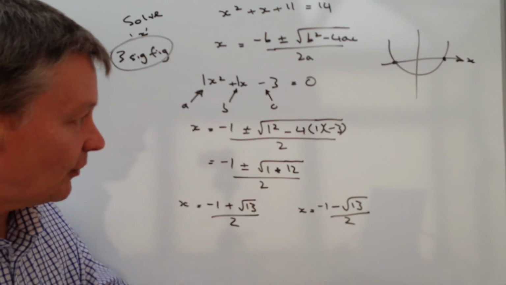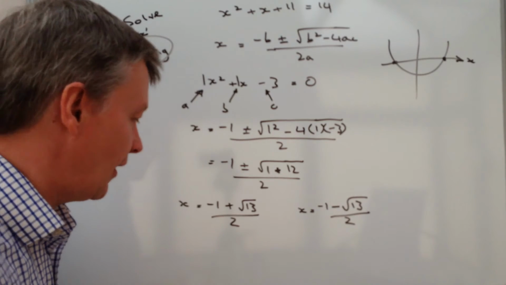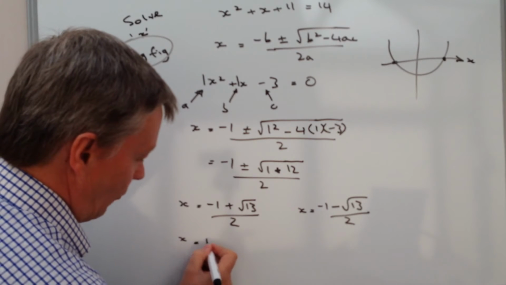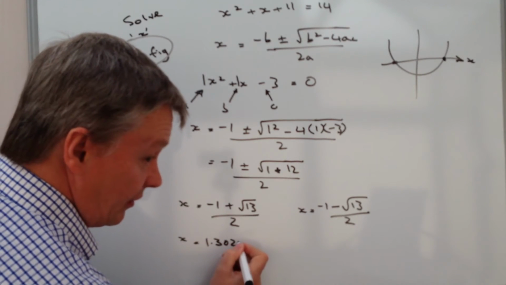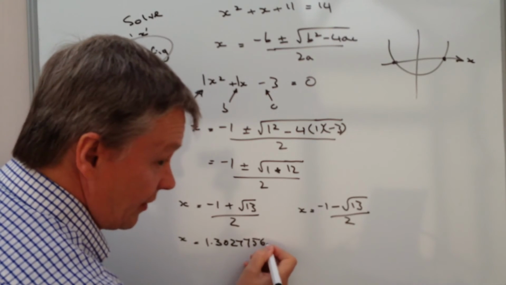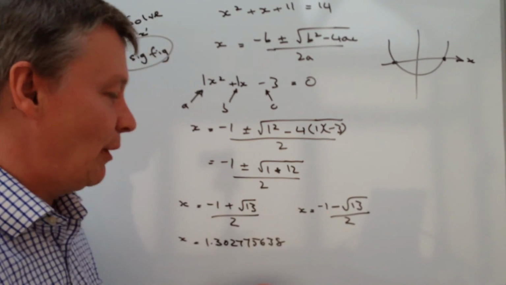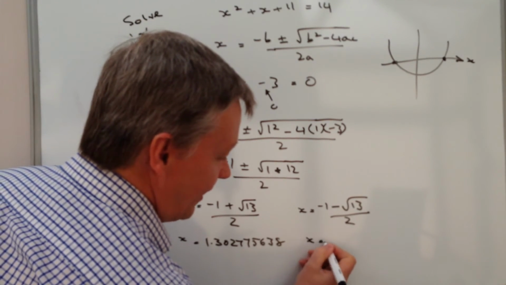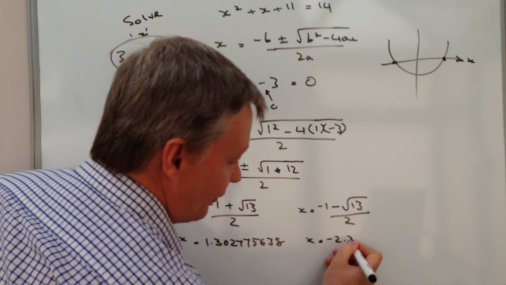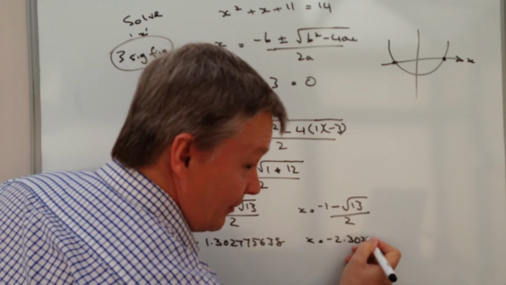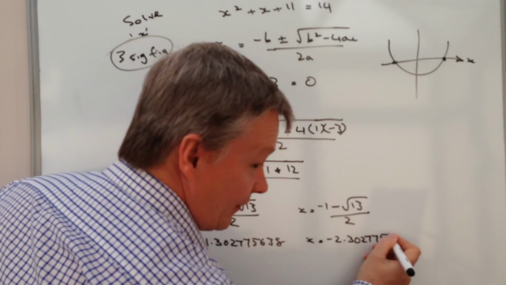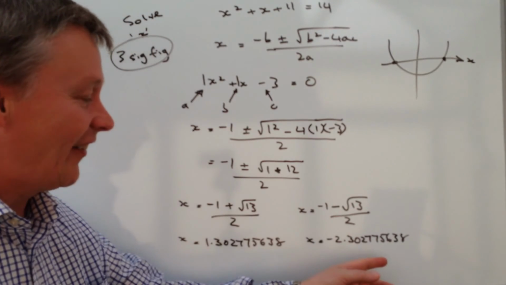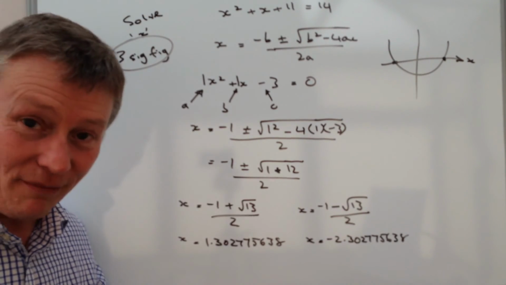Okay, if I put those into a calculator, I'm going to get some big long numbers, so you're going to have to bear with me a little bit, but I've got x equals 1.302775638. Okay, you might want to check that on your calculator, make sure I've got it correct there. And then the other one is x equals minus 2.3027756 38. Okay, alrighty, so those are the two calculations using my calculator.